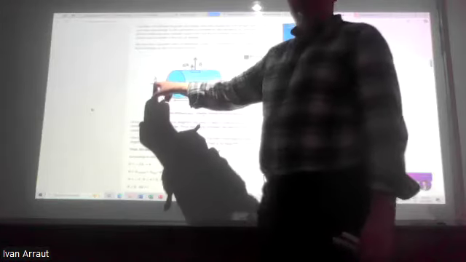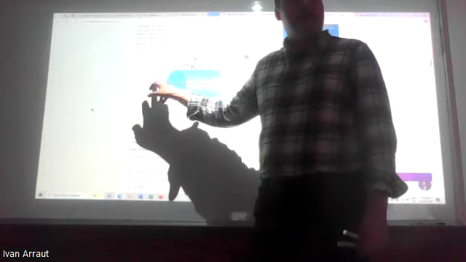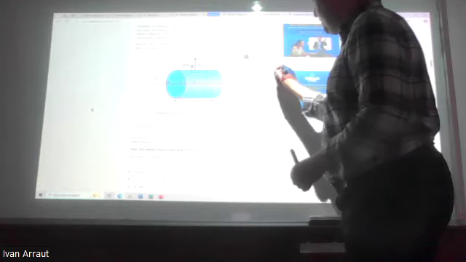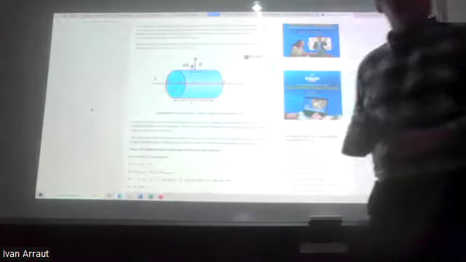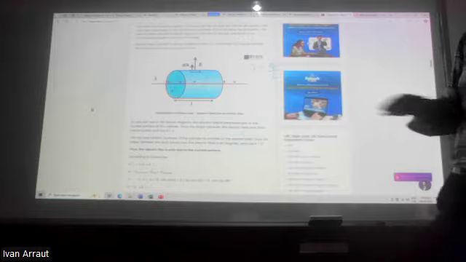This lambda is charge per unit of length, linear charge density. Lambda is charge divided by length. Let's assume that it's constant. It's a constant density, so it means that this charge is distributed uniformly through the wire.